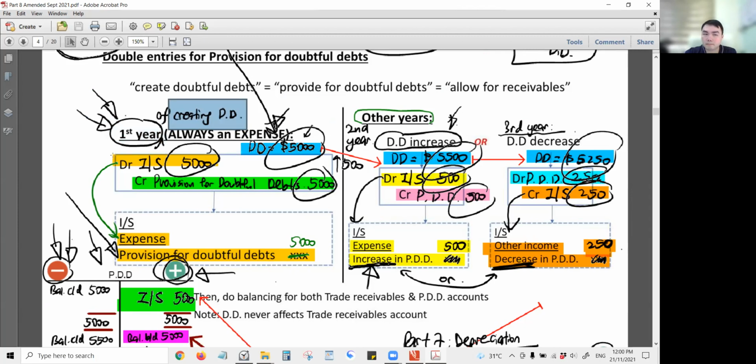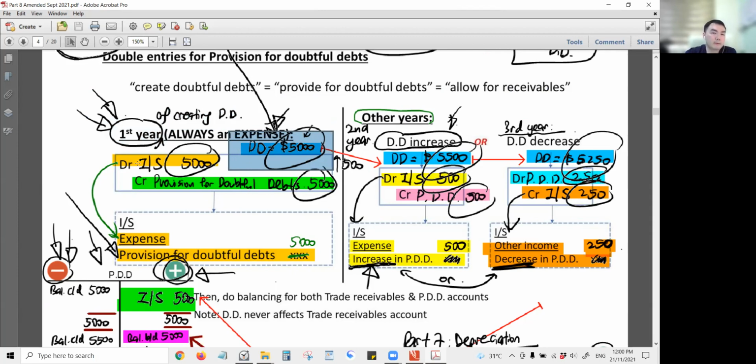And before that, you don't have such suspicion. Before the first year, you didn't have such suspicion. Therefore, the doubtful debt is initially 0. And in this first year, your doubtful debt is now 5,000. Just an example, okay, 5,000. That means it's going from 0 to 5,000. Okay, before that is 0, now it's 5,000. Is it an increase or drop?